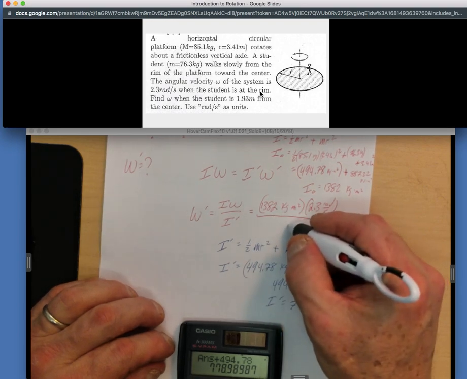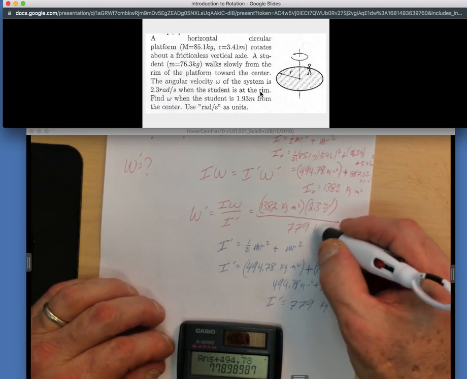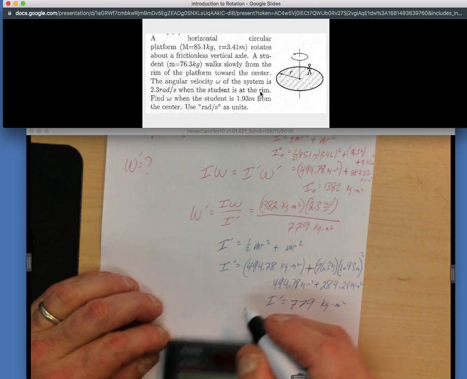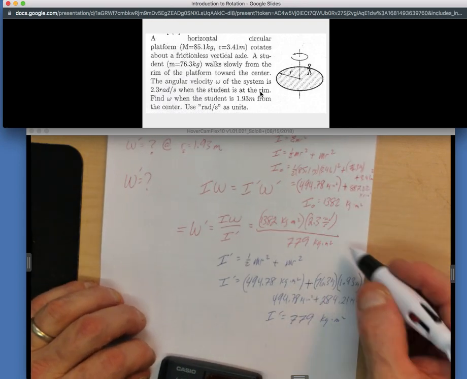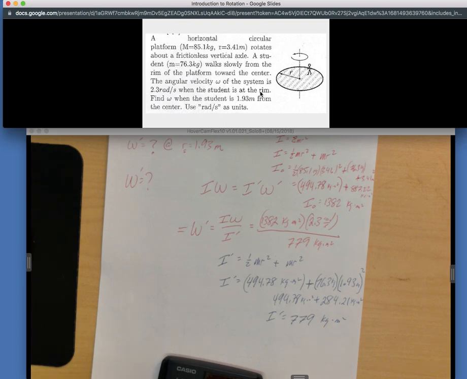I prime is 779 kg times meters squared, and that's what goes up here. I'll do this math up here. Now I'm ready, and it should speed up by a bit.